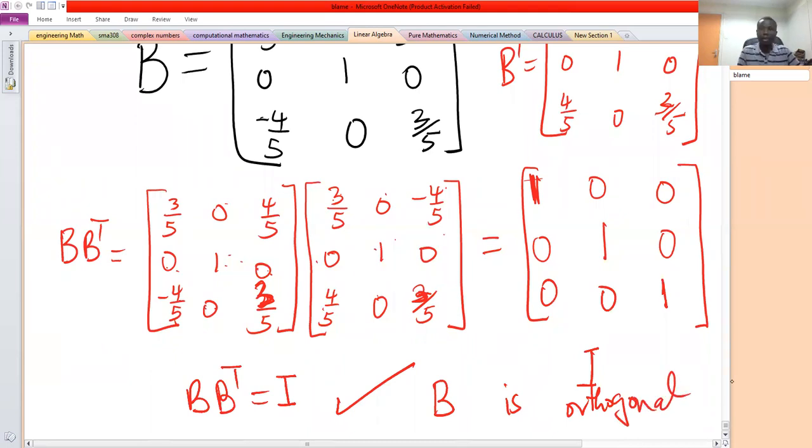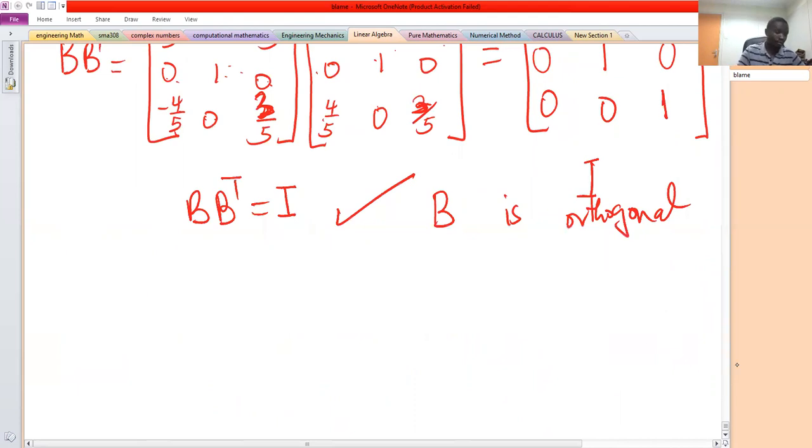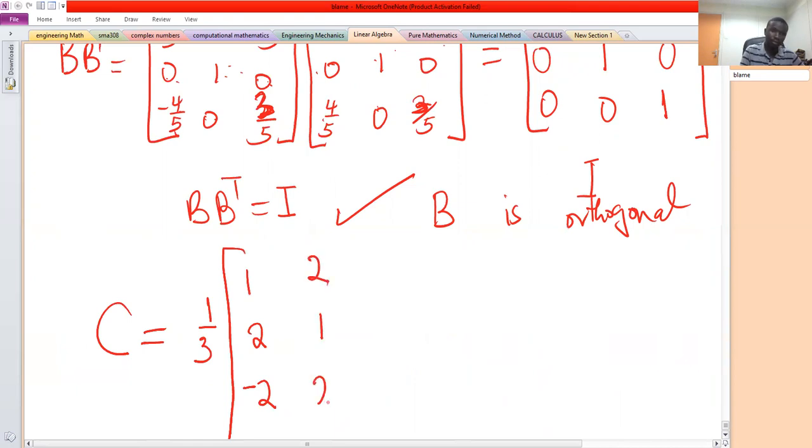And then also confirm that this matrix C, given by 1 over 3 times the matrix with rows 1, 2, minus 2; 2, 1, 2; 2, minus 2, minus 1, is orthogonal.